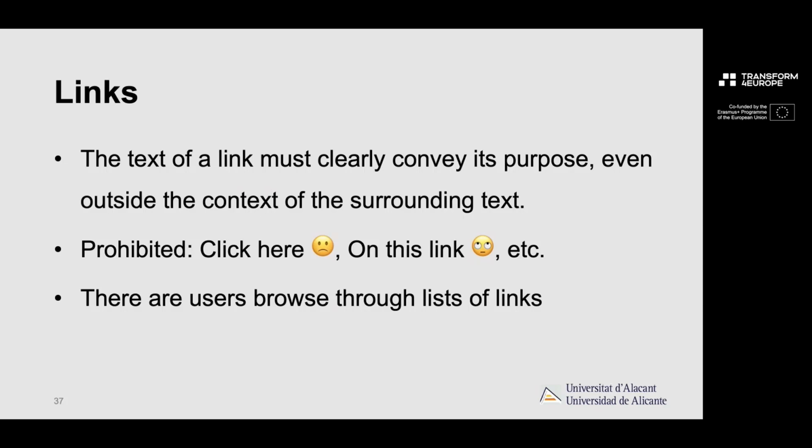It is forbidden to put "click here" or "follow this", because the link text does not convey its purpose. Users of support products have specific tools to list the links of a document and access the content more quickly. It works if we do the things correctly, respecting the rules.